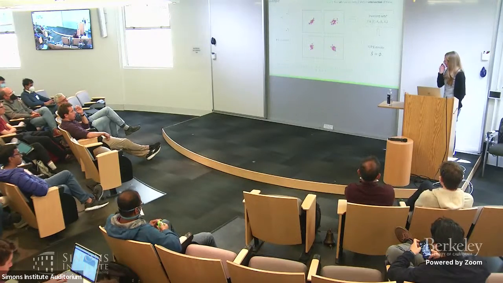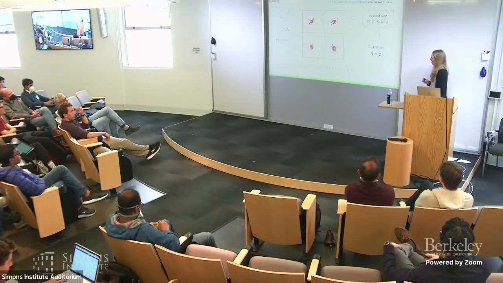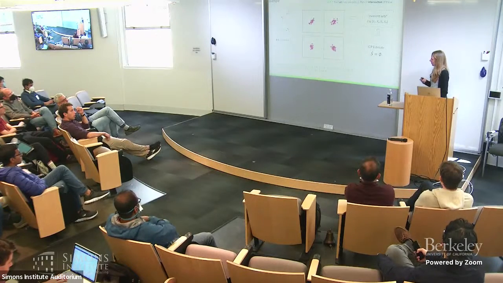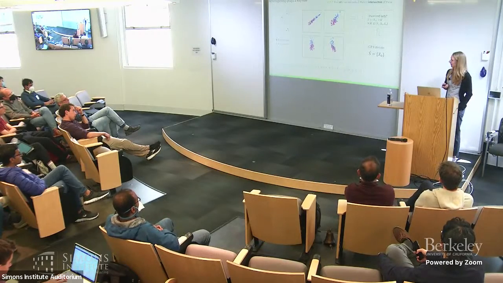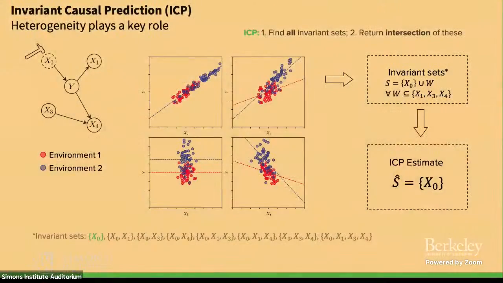Okay, but let's see what happens if we choose a different subset of environments. We first start out again with this one, but this time we intervene on X0 again. With those two environments, we now directly arrive at the correct estimate, even though the invariant sets we have here are many more than in the previous example.